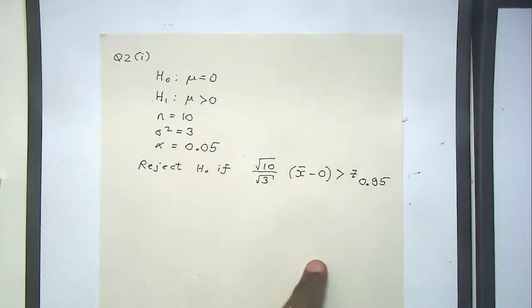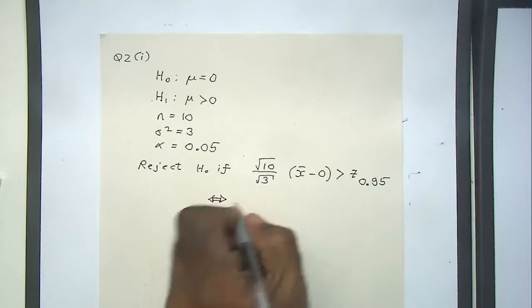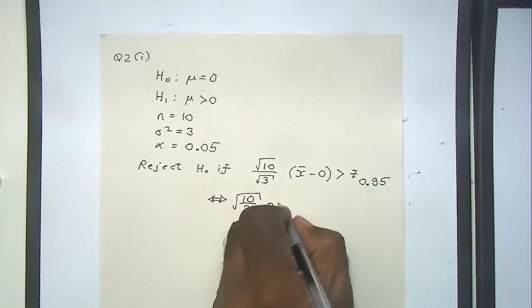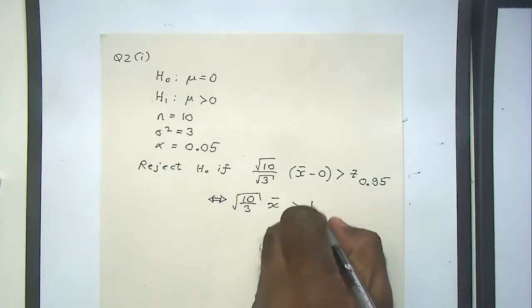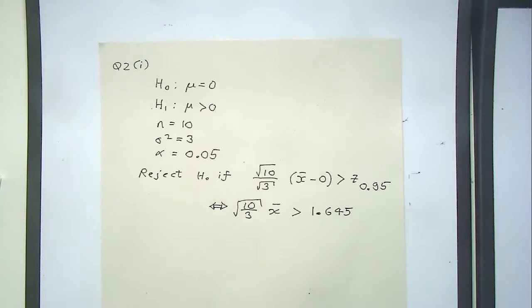This is the rejection rule, which you can simplify, and if you read this off the table, it will be 1.645. Correct me if I'm wrong.